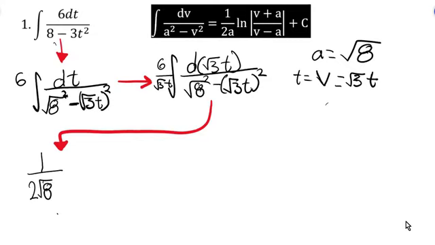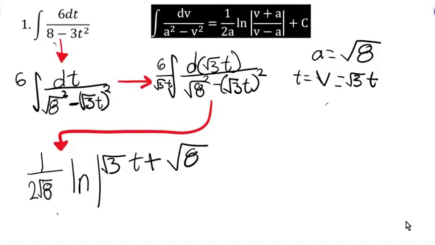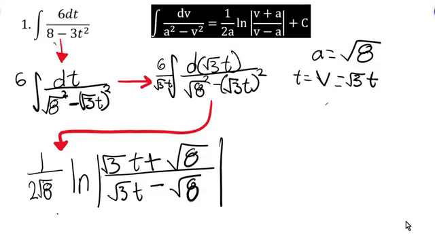And then we are going to put in the natural logarithm multiplying the absolute value of v, which is, or t, whatever, the square root of 3 multiplying t plus a, and all this is divided by the same values, just changing the sign over here, and we add the constant value.